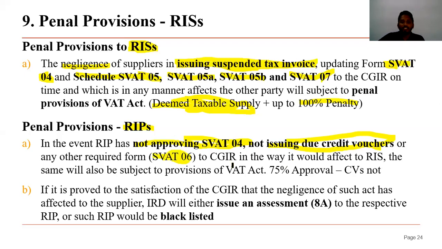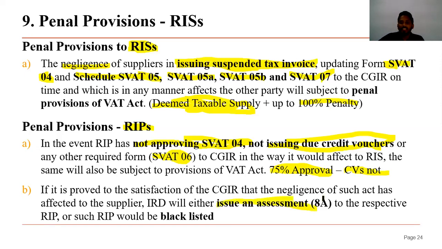Then if they have not complied with anything here, not approving SVAT 4, not issuing credit vouchers, not uploading any SVAT 6, then they are not allowed to obtain any purchases. Normally, administratively, they see that they need to approve 75% of the suspended purchases. If they do not approve, IRD will not issue credit vouchers. Then again, if they do not comply with the above things, IRD will issue an assessment.